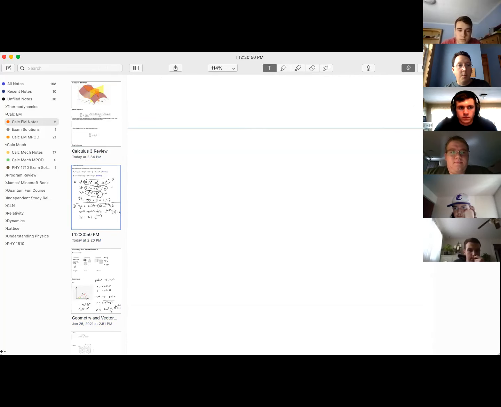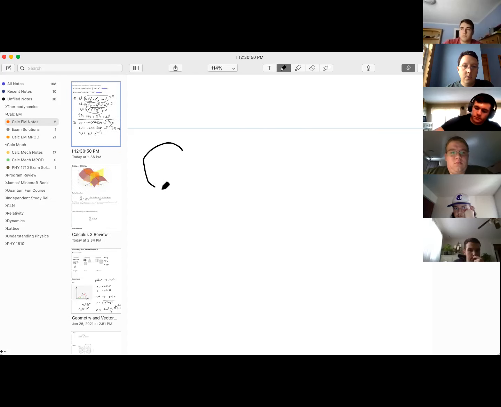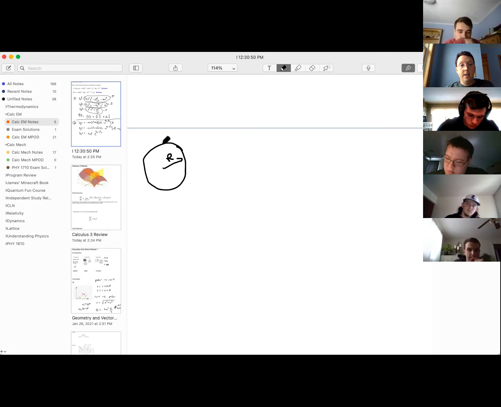Just take the output of the first one and integrate that answer to get the next one. So what we're going to imagine here is we have a circle of radius r. I'm going to use capital R because, why not? And what I want you to do is calculate the arc length around this circle.